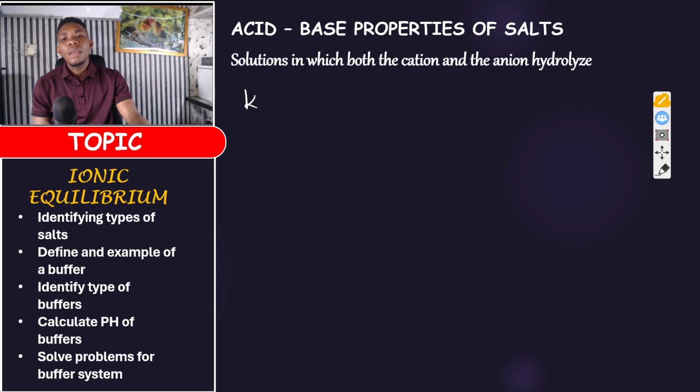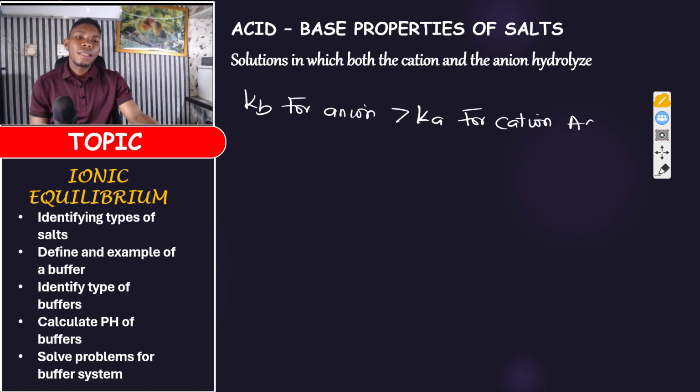Now if Kb, that is the base dissociation constant, for anion is greater than Ka for cation, the solution will be basic. Is that okay? However, if Kb for anion is less than Ka for cation, the solution will be what? Acidic.